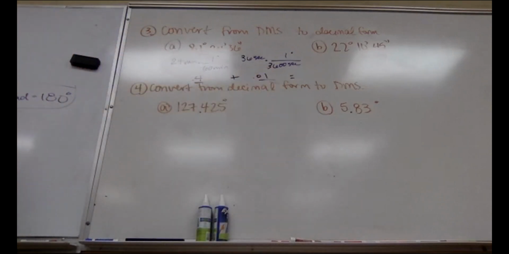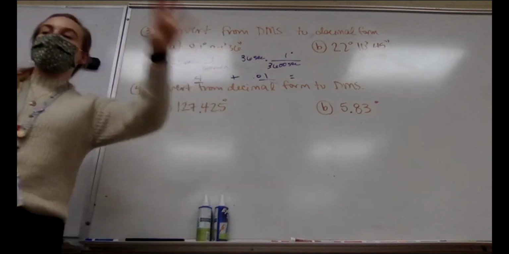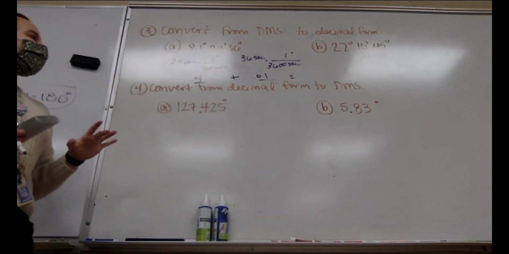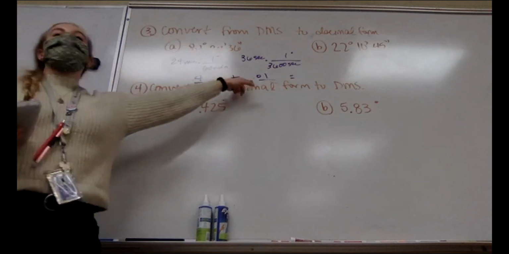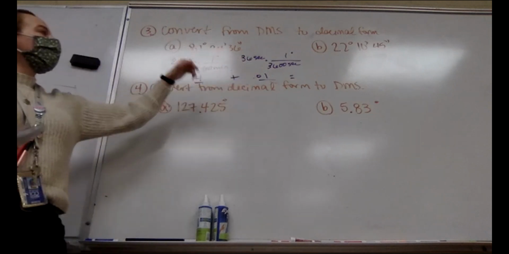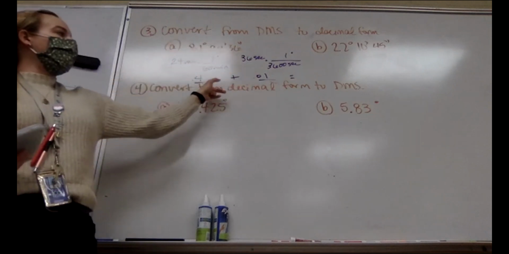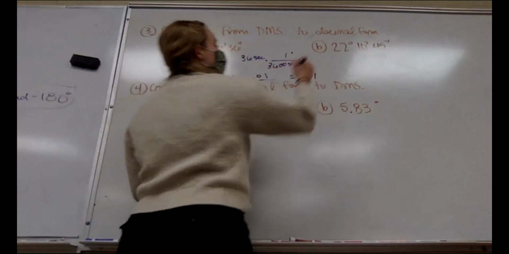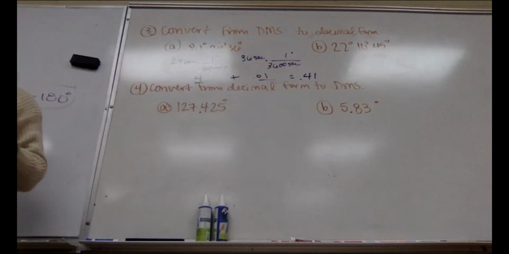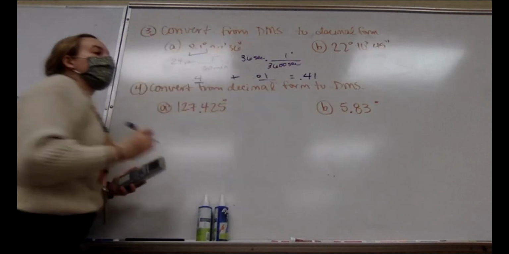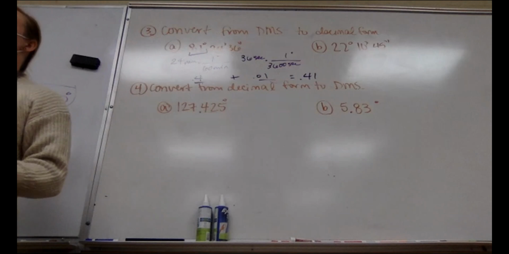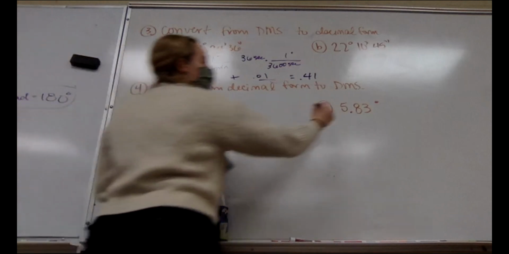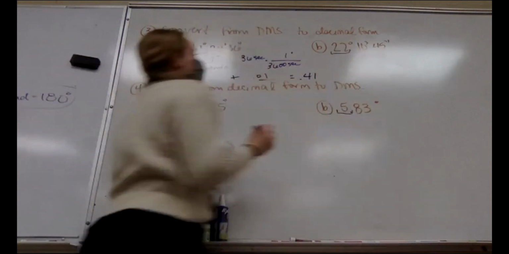I know when I did notes the other day, I had them kind of going like all across from each other. That is kind of confusing because then we might not remember to add these together. So today I put them next to each other so that I know, okay, I'm going to add that and add that. And so I'm going to have 0.41 as my decimal, and that gets added on to my degree. We don't ever touch the degree. In all of these problems, we will never touch that number. It can be any number and it will never change.